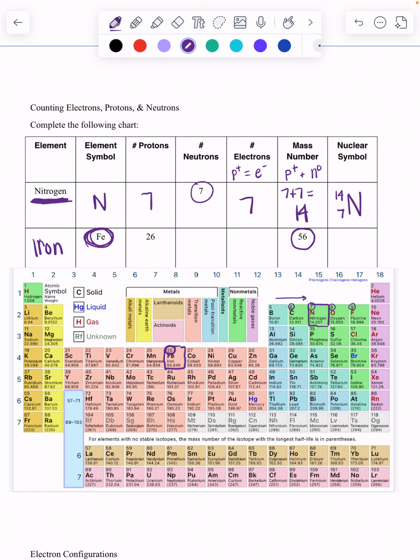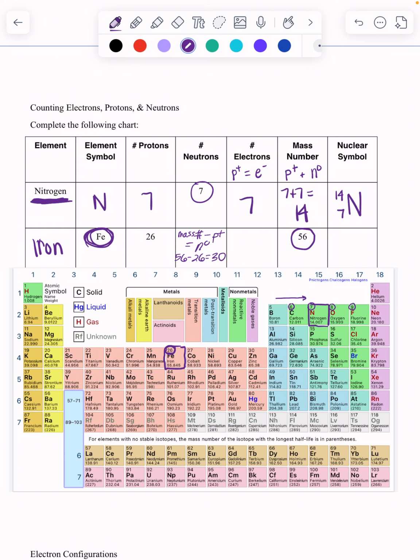If I take my mass number and subtract my number of protons, it will give me my neutrons. So I'm going to go 56 minus 26, and that gives me 30. So I have 30 neutrons.